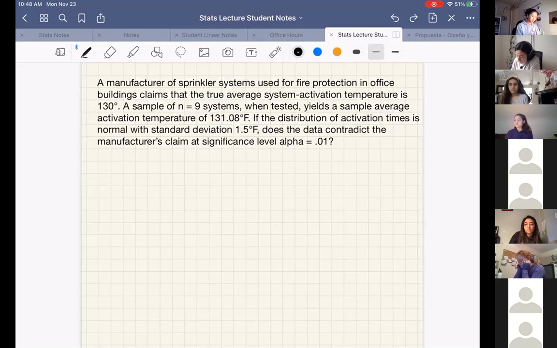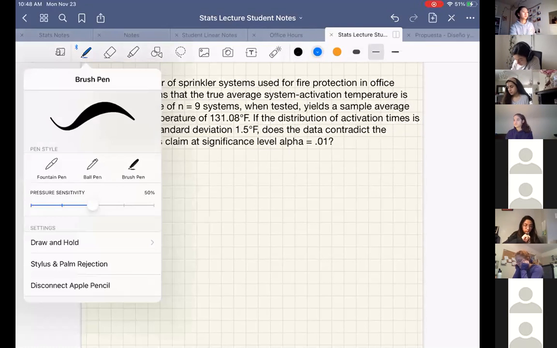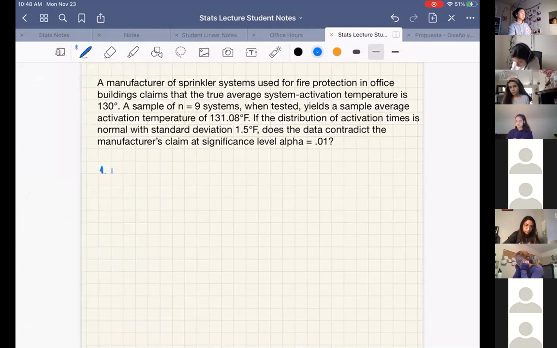Very well. Okay, so the first thing that we're going to try to formulate is our null hypothesis. The null hypothesis is what I'm going to assume to be true. In the null hypothesis, I'm going to say that mu is equal to, and I'm going to ask you in every null hypothesis that you state to say in full words what mu represents.